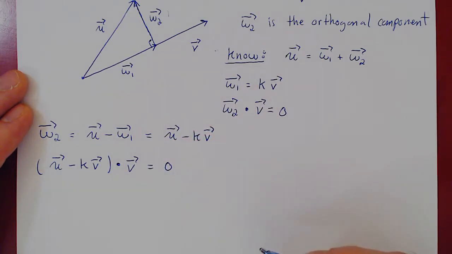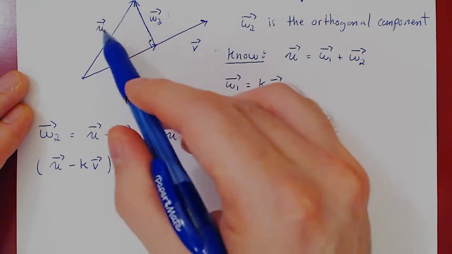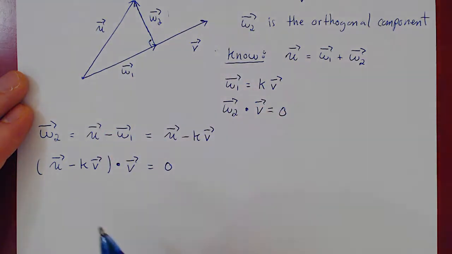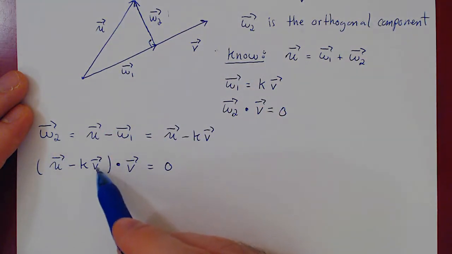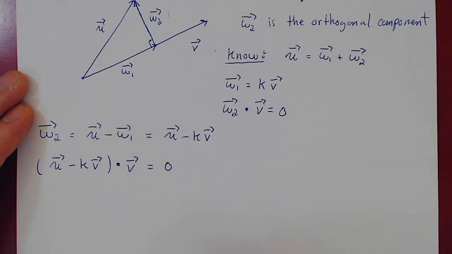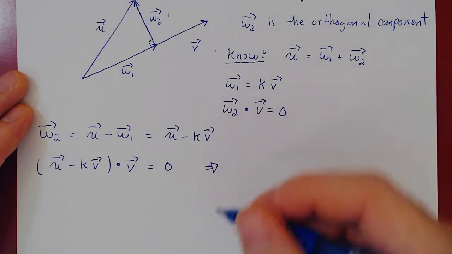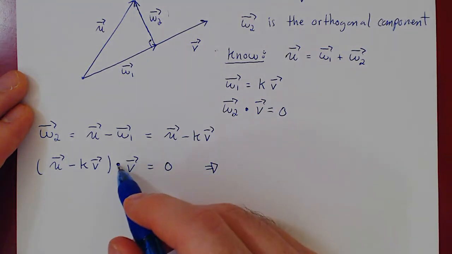And if you look at this equality, we know everything but k, because we are starting with vectors u and v being known. So we know vector u, we know vector v. The only unknown here is k. We can easily solve for it. If you remember, the dot product behaves like regular scalar multiplication, so we can distribute here.